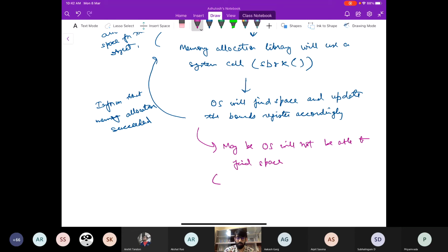First is that maybe no memory is available, or maybe the heap has already grown to its maximum size. In that case, the OS will say, okay, I cannot allot any memory, and then the memory allocator would also fail, or something bad will happen.